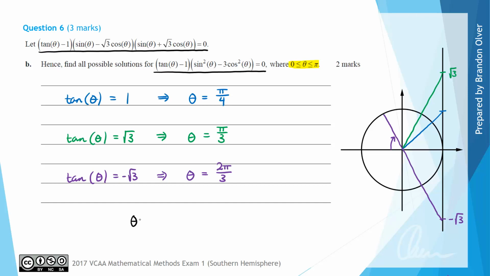So the solutions for theta are pi on 4, pi on 3, and 2 pi on 3. They are the answers to part B of this question.